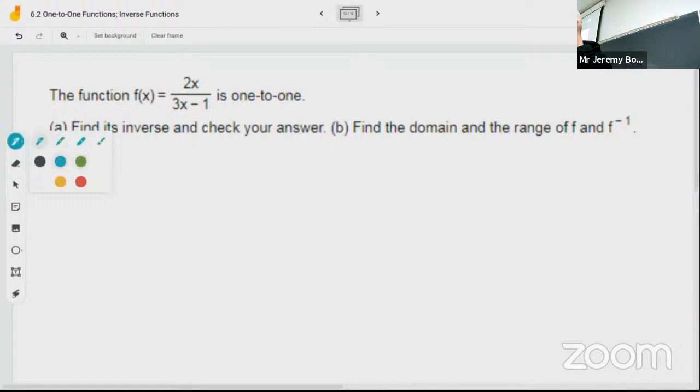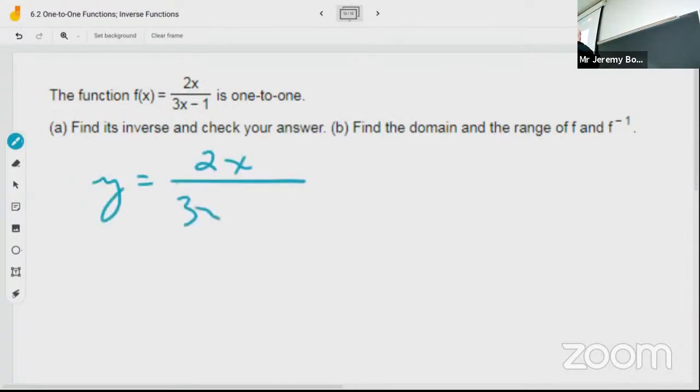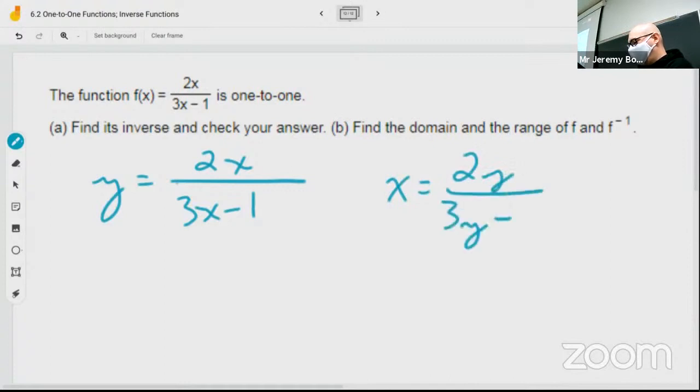So, like before, first thing we're going to do, substitute instead of the name of the function, f of x, we're going to write y. So we're going to have y equal to 2x over 3x minus 1. Then to actually find the inverse, we're going to swap the x's and the y's. Now you're only going to have one instance of x, but you're going to have 2 instances of y.